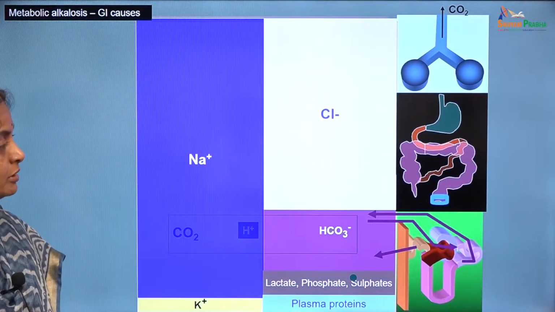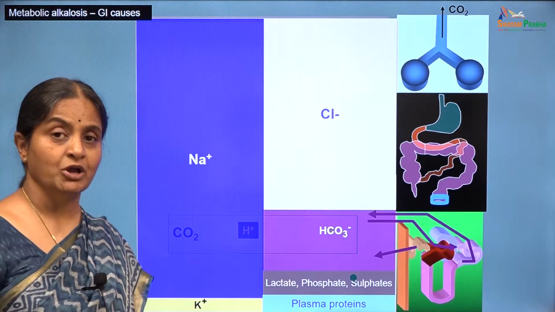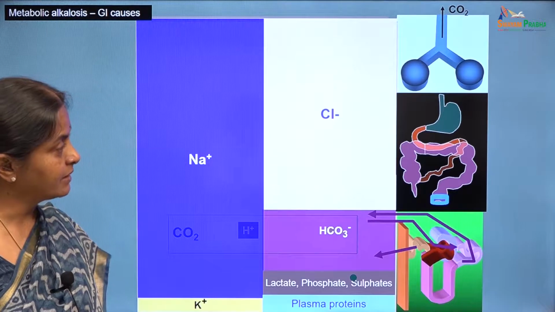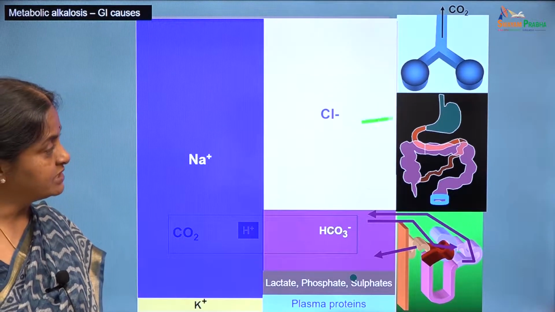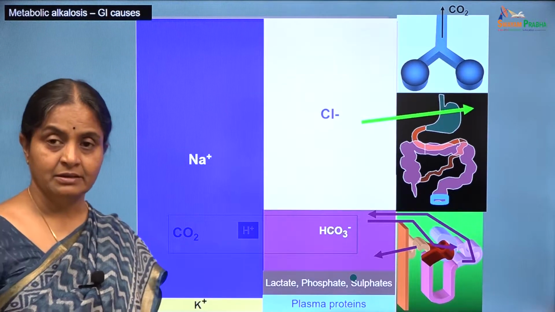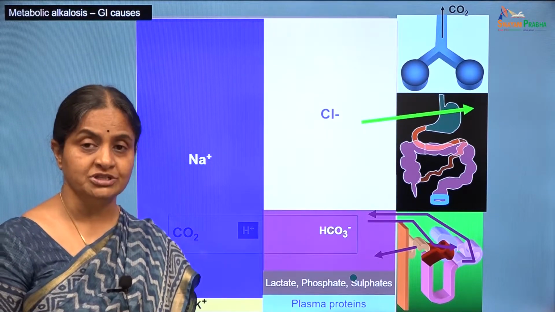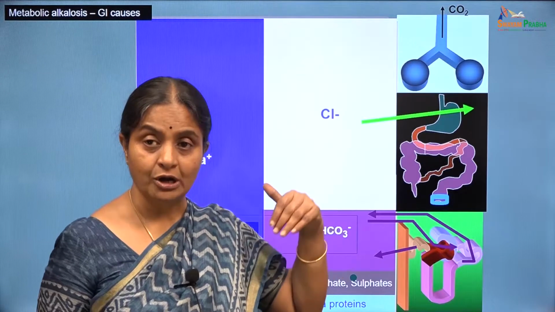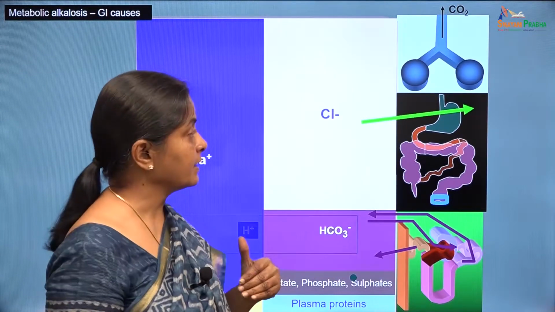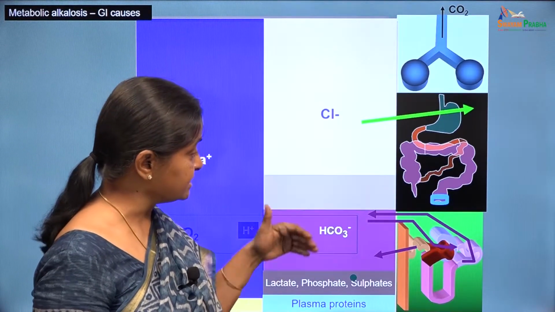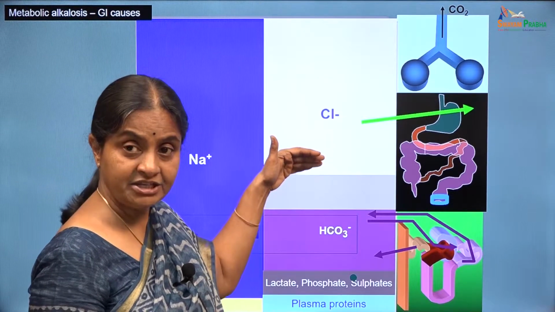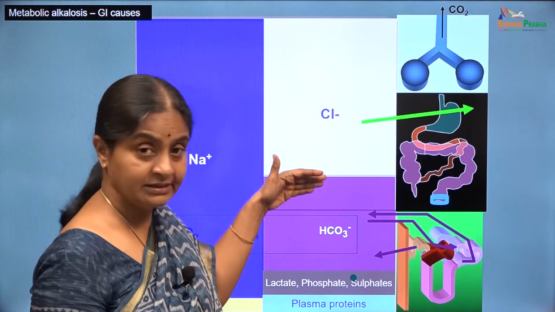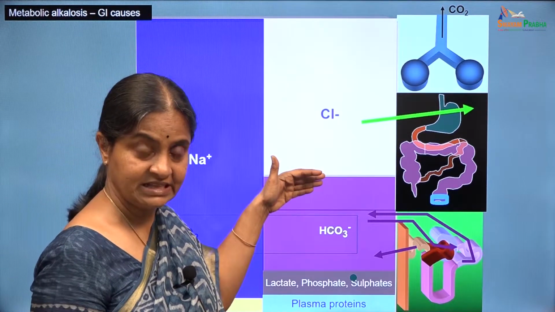We will now move on to gastrointestinal causes of metabolic alkalosis, where the bicarbonate levels go up. The simplest to understand is vomiting. Gastric juice is rich in hydrochloric acid, and any loss of chloride can lead to a decrease in serum chloride, and any change in serum chloride will have to be compensated for by the other anion, which is bicarbonate in this case.